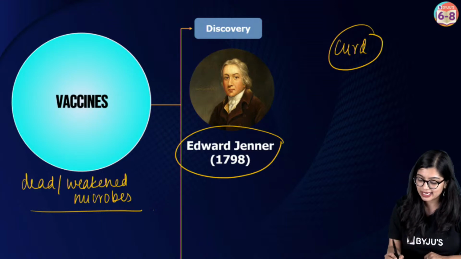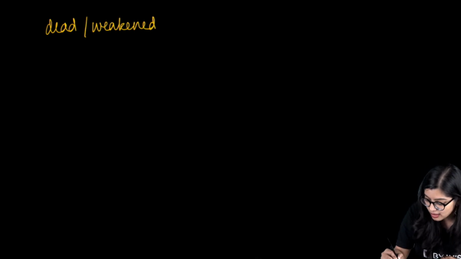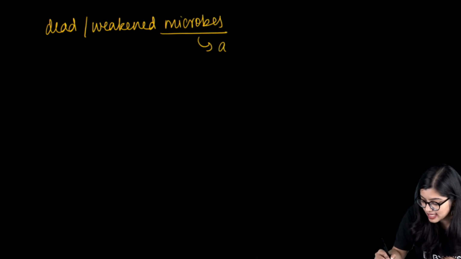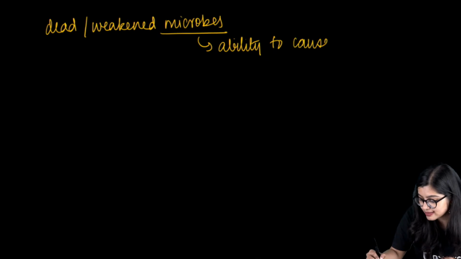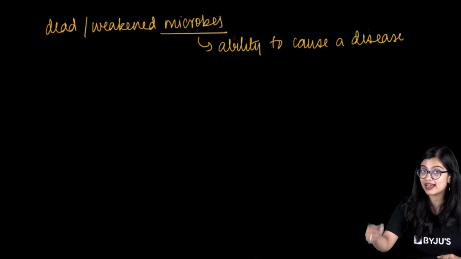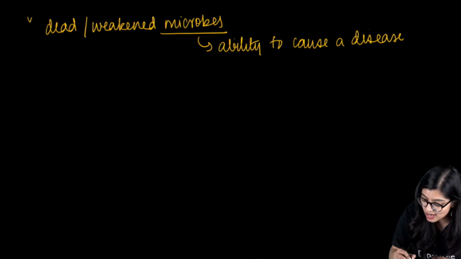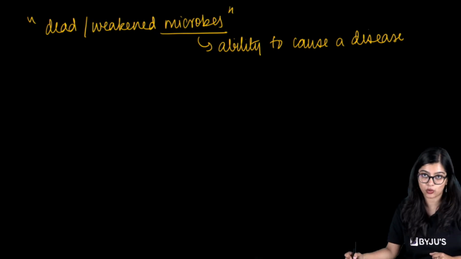A vaccine is a preparation of dead or weakened microbes that have the ability to cause a disease. These are not any random microorganisms. These are microorganisms that can cause a disease.